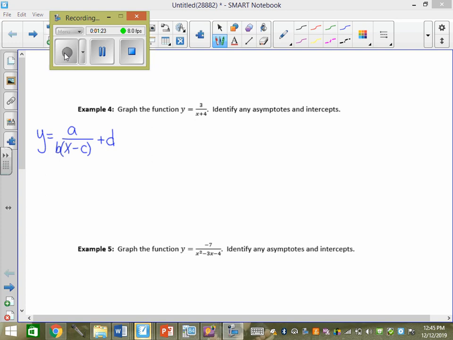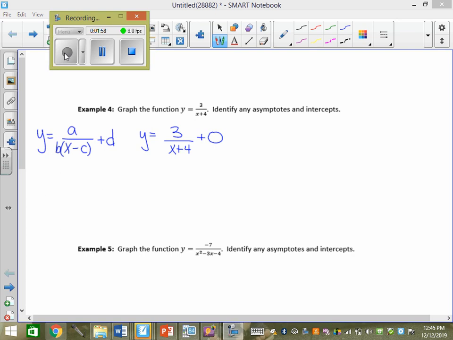So if we go y equals 3 over x plus 4 plus 0, we actually have our horizontal asymptote. What's it at? 0. Y equals 0 because it's not moved up or down, right? What's my vertical asymptote at? Yep, it's -4, but it's x equals -4 because it's with an x.